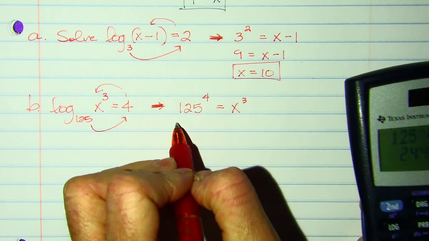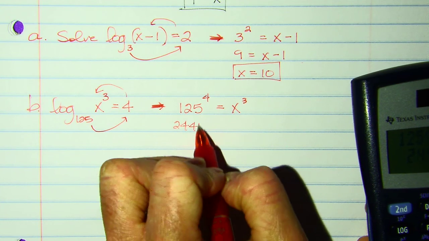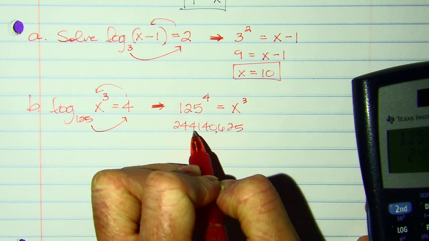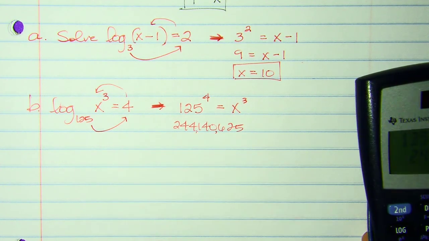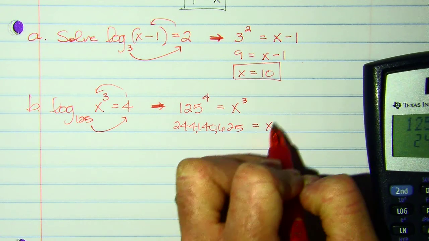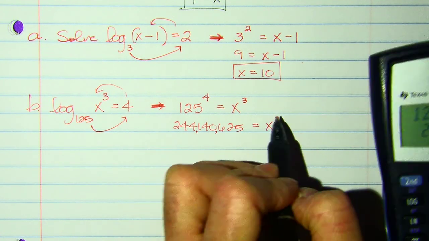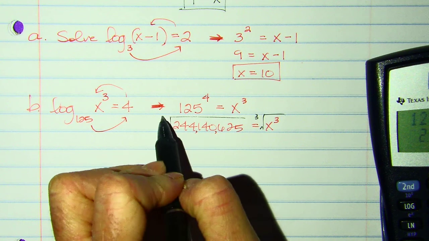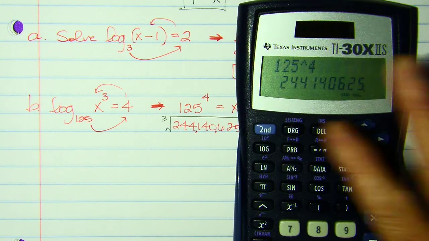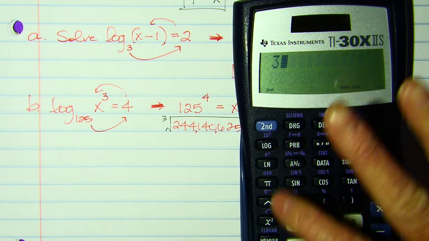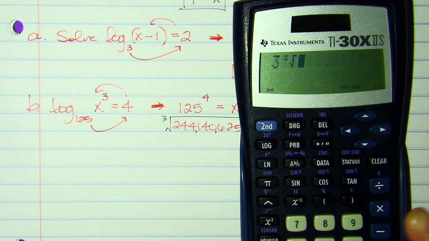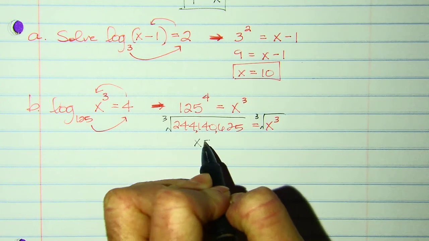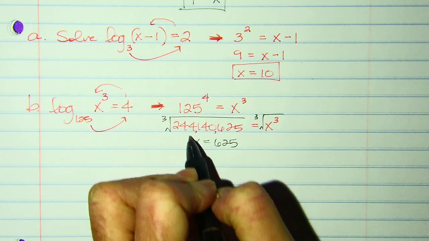So I get 244140625, 244 million, equals x cubed. And then I'm going to take the cube root. Using my calculator, 3 cube root of second answer, and I get that x equals 625.